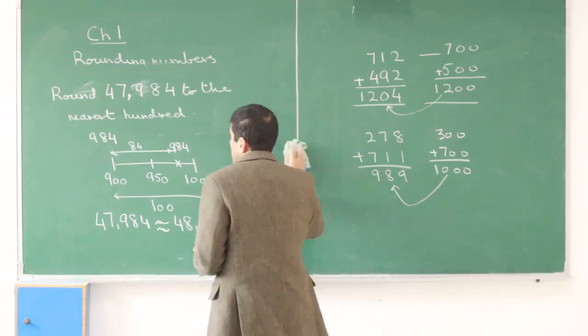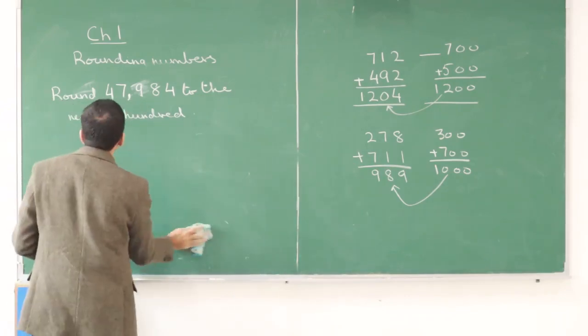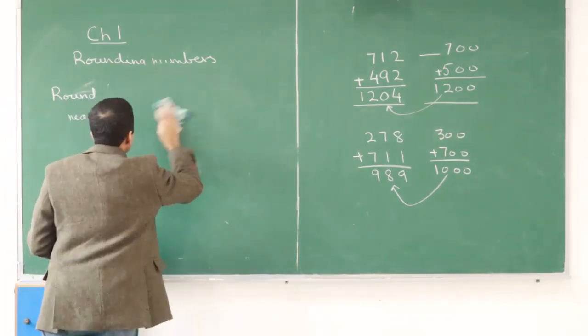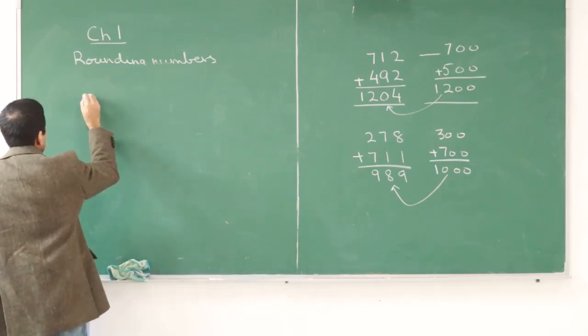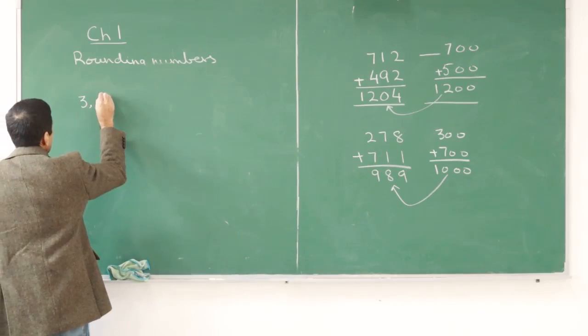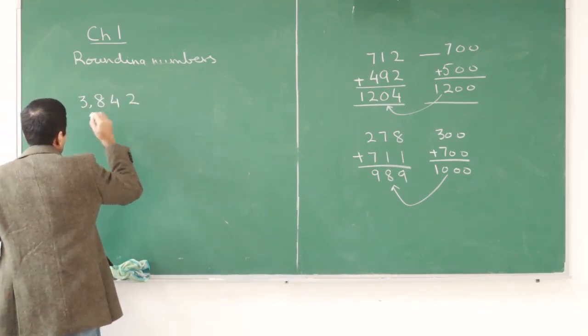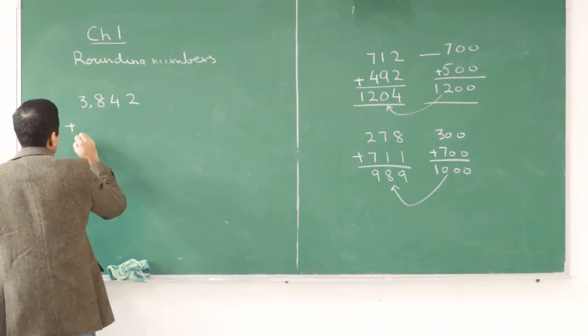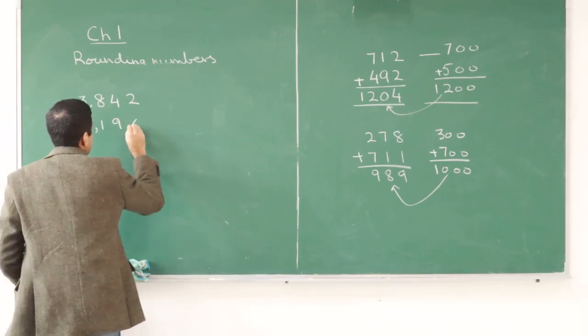But let's look at another problem. Let's calculate 3,842 added to 5,196.